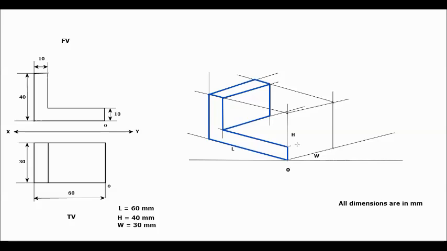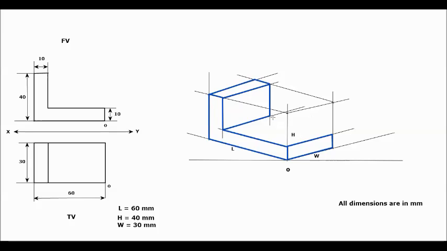From this point, we have to draw a line parallel to the 30-degree inclined line on the right side. This complete rectangular slab should be visible as per the given front view and top view. So we'll make it dark. So this slab is completely visible.